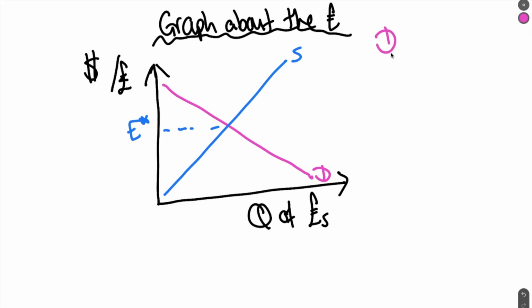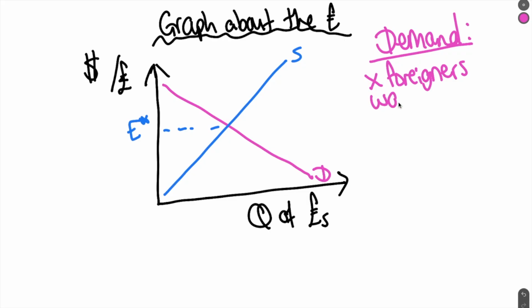Demand. This is only affected when foreign holders, so people holding foreign currency, foreigners, I'm going to say, want pounds. That's the only time we're going to talk about demand. So if you already have pounds, you're not affecting the demand.